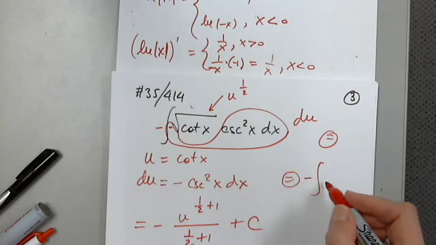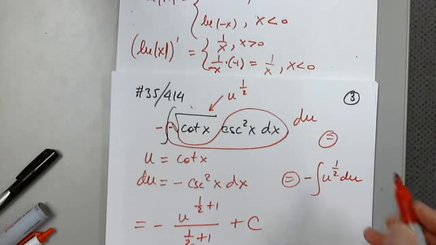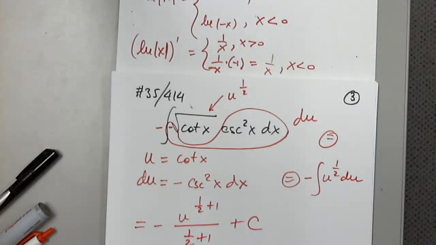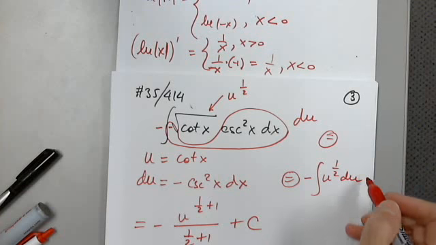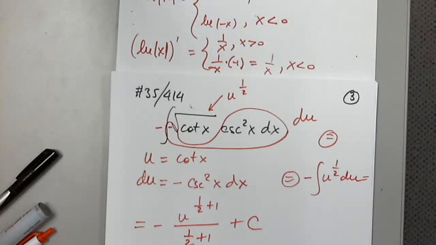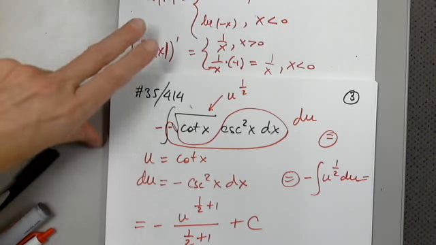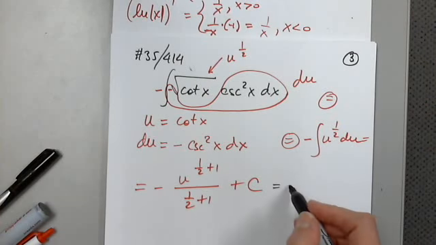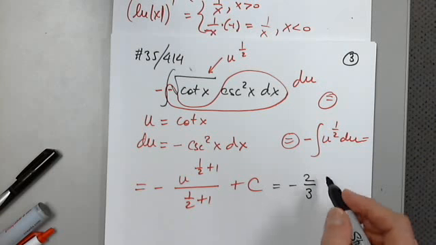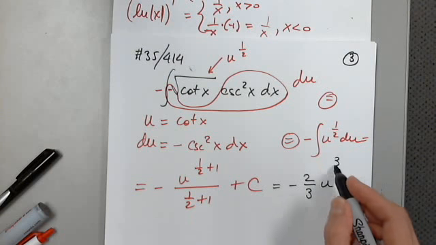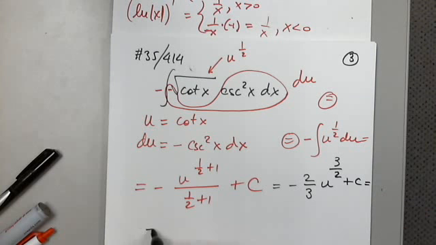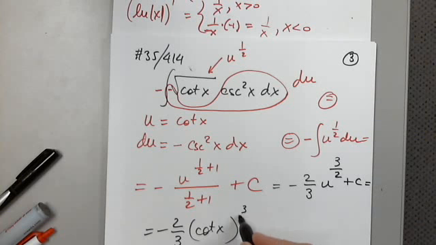It's negative the integral of u to 1/2 du, which is this. So 1/2 plus 1 is 3/2. So I finish this as negative 2/3 u to 3/2 plus a constant c, or negative 2/3 cotangent x raised to 3/2 plus a constant c.